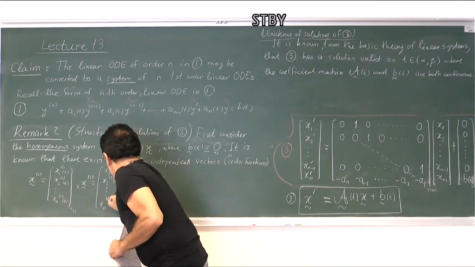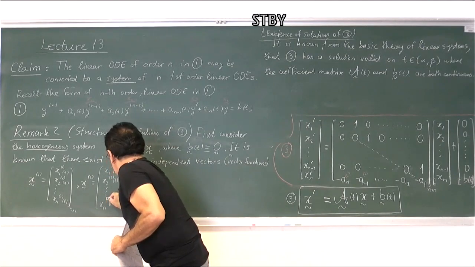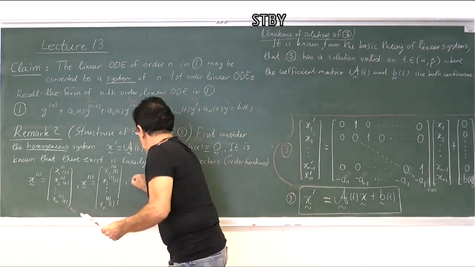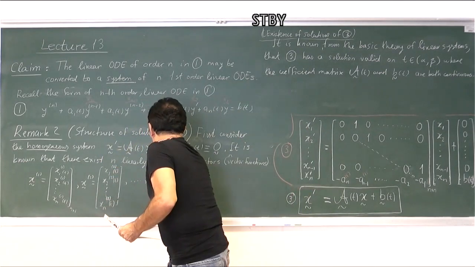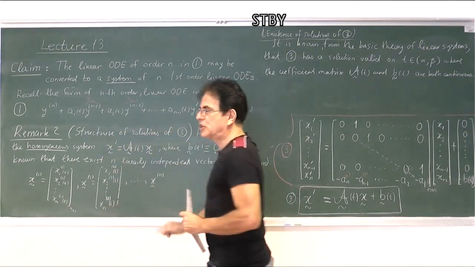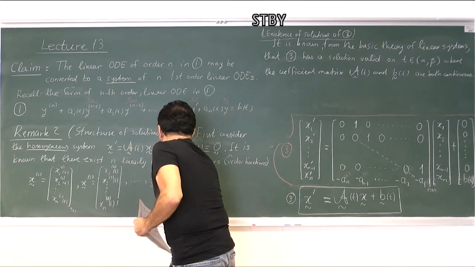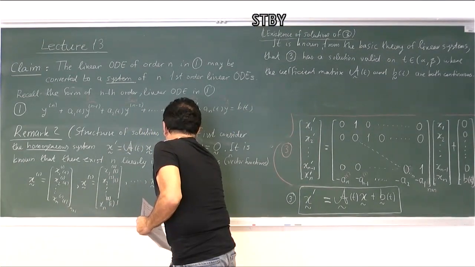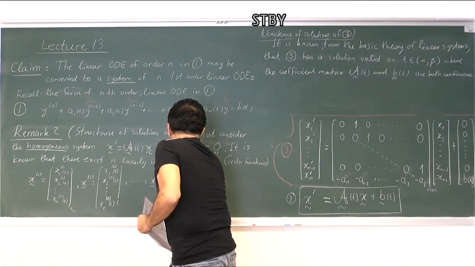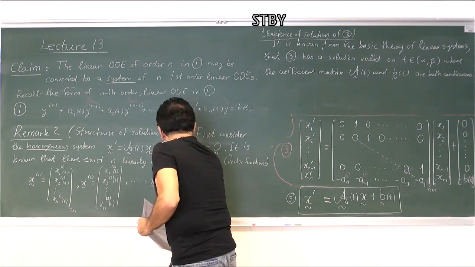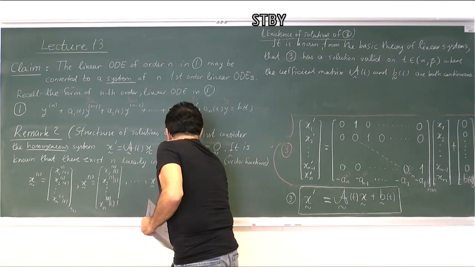I hope that this looks good on your screen. And finally, look, a vector function which is the nth vector function, with components x1 again, x2 again, and xn again. But these are the components of the nth vector solution. Good.